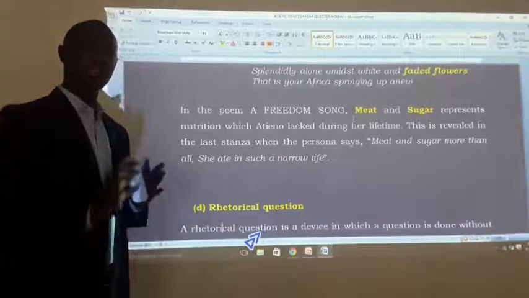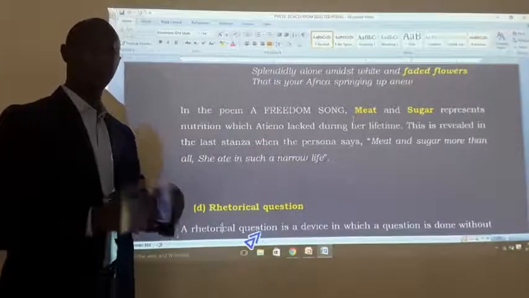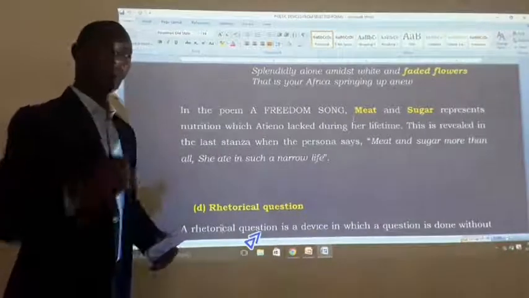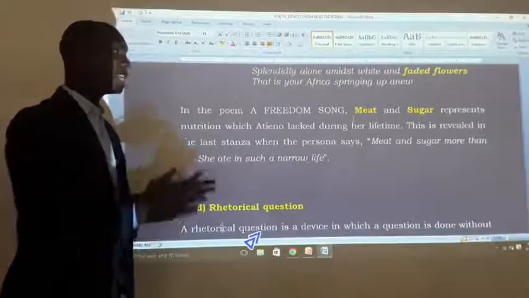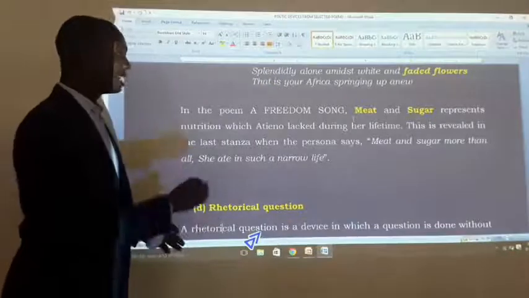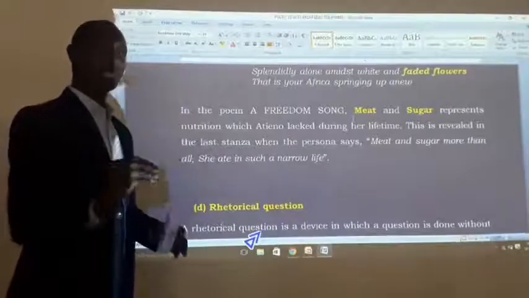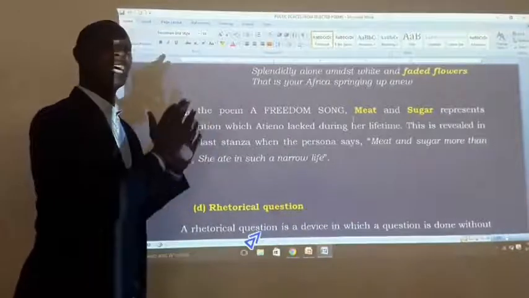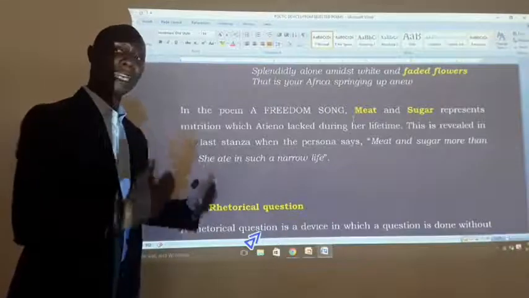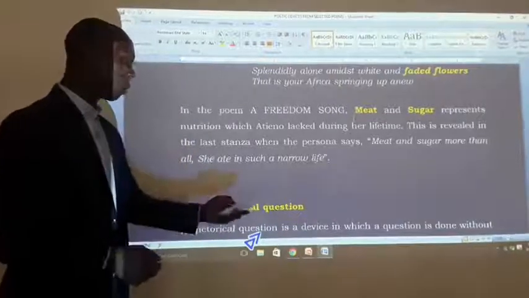She was not accessing nutritious foods. For that case, meat and sugar, which we know commonly are part and parcel of man's dish, of man's beer, these things Atieno did not get, but it's just a representative. These are symbols representing that she was missing other things when she was alive.